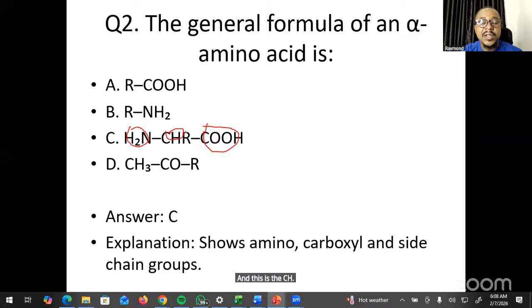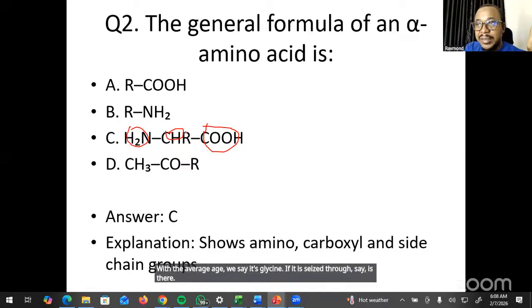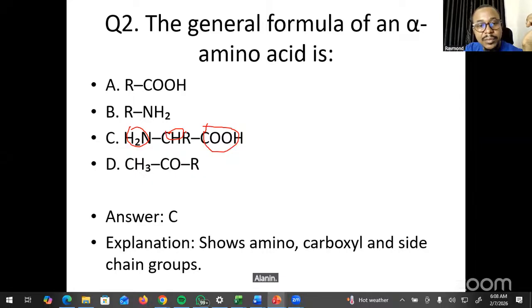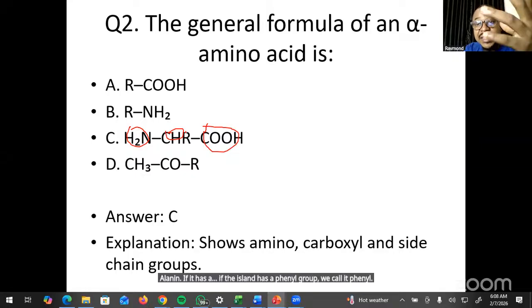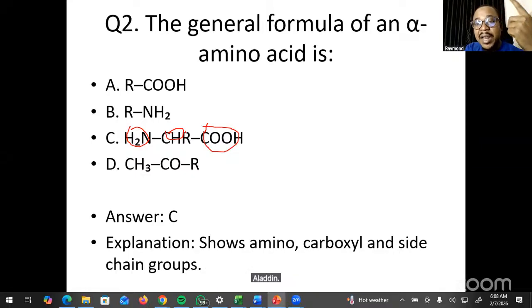Then R here determines the individual amino acid. If the R is H, we say it's glycine. If it is CH3, we say it's alanine. If the alanine has a phenyl group, we call it phenylalanine. If the phenyl group in the phenylalanine has a hydroxy group, we call it tyrosine.